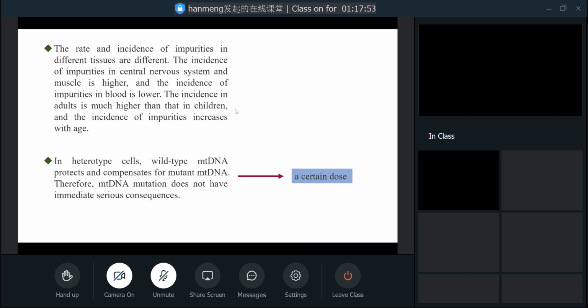In heteroplasmic cells, wild-type mitochondrial DNA protects and compensates for mutant DNA. So, the mitochondrial DNA mutation does not have immediate serious consequences until it reaches a certain dose. Then it will have the disease phenotype.